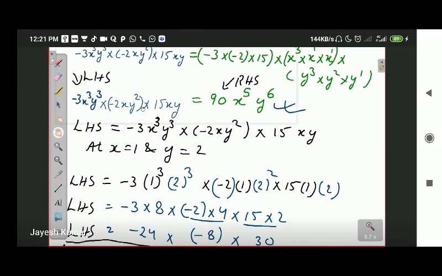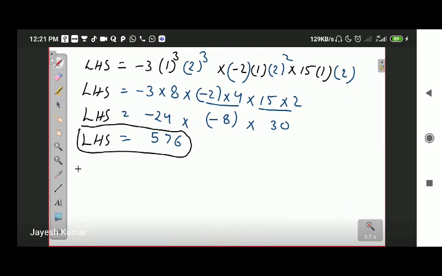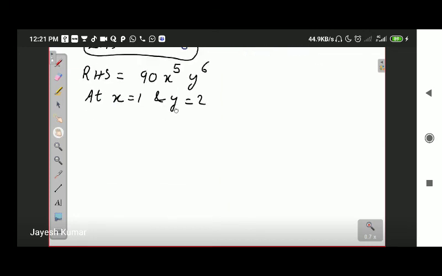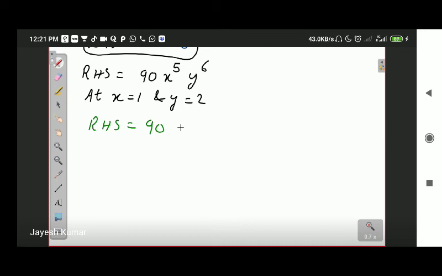So same, at x equals 1 and y equals 2, we are going to put the value of x as 1 and value of y as 2. So this time RHS is equals to 90 into 1 to the power 5 into y, that is 2 to the power 6.